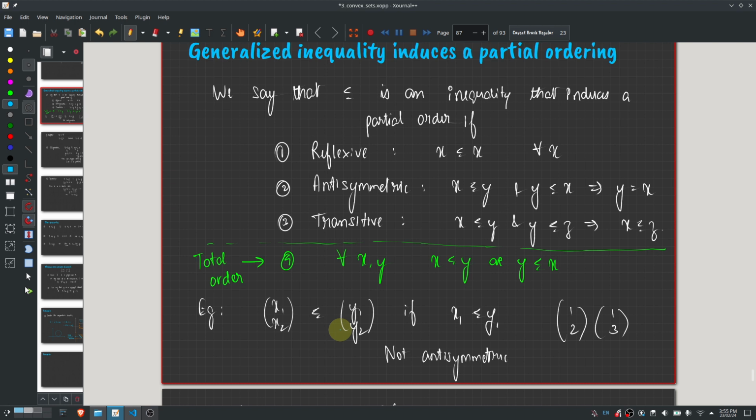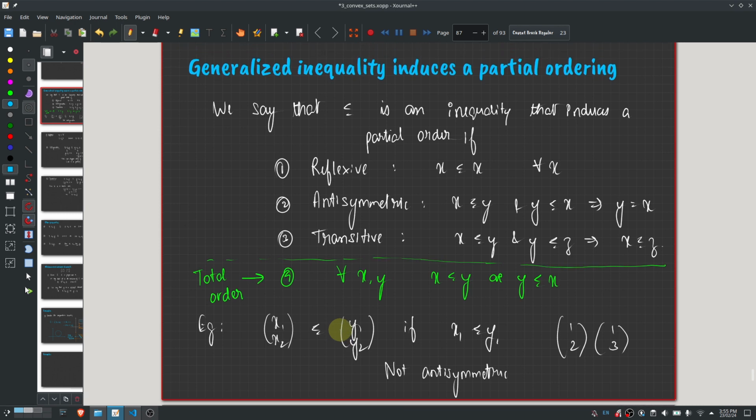In the context of optimization, this is what is called Pareto optimality. We'll see a little bit of that later on, but generalized inequalities will be used to develop our theory of constrained convex optimization. We'll see that a little bit later. But for now, let's stop here.